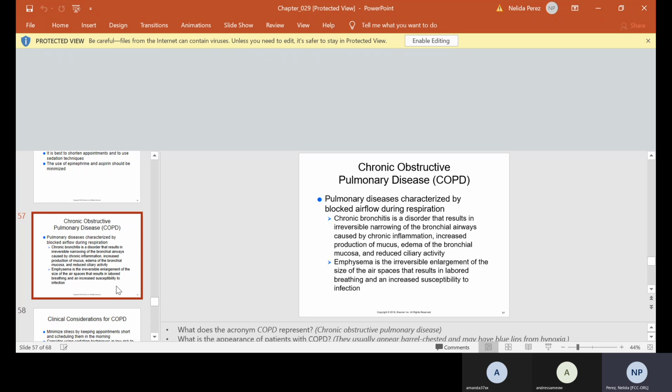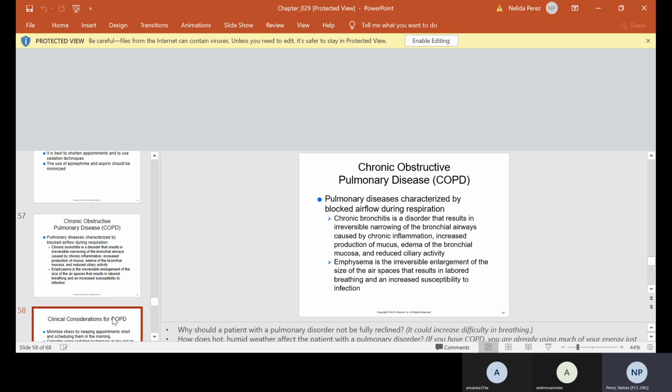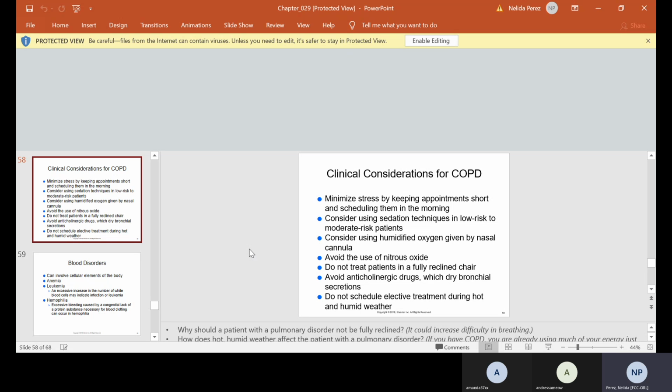Emphysema is the irreversible enlargement of the size of the air spaces that results in labored breathing and an increased susceptibility to infection. And the clinical considerations, again, minimize stress, short appointments, schedule them in the morning, use sedation techniques in low risk to moderate risk patients.